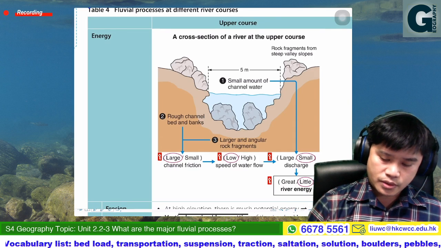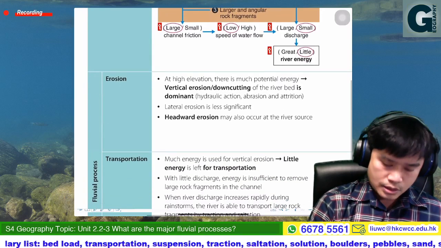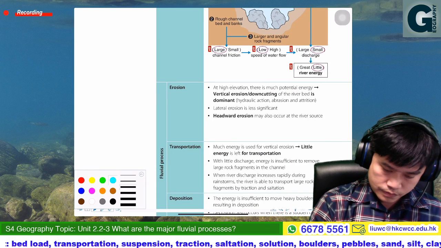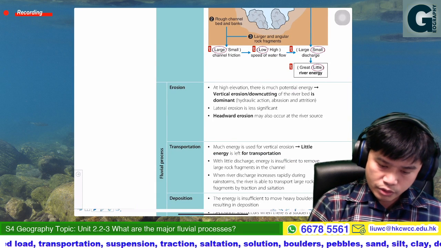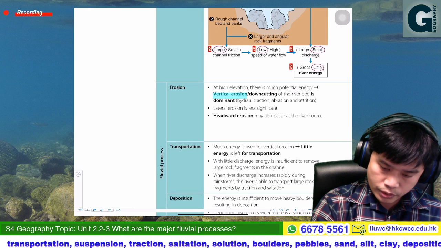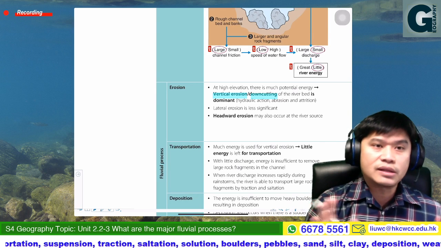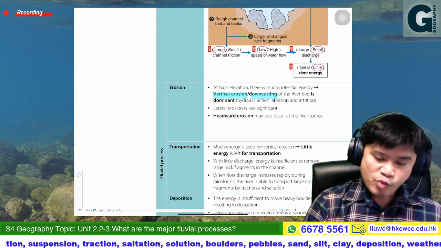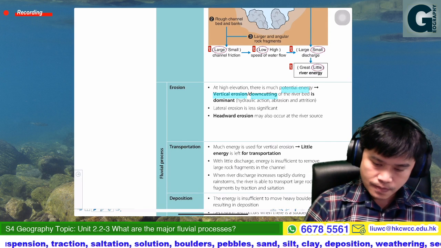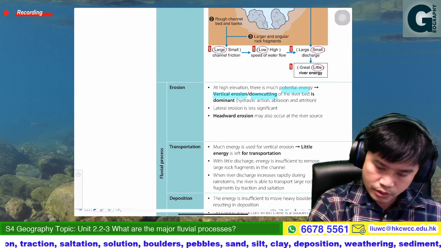It is very important. Therefore, what type of fluvial process may occur in the upper course? For erosion, mainly there would be vertical erosion, or we would call it down cutting. So erosion may occur in the upper course, but what type of erosion? Please mark it: vertical erosion, as there's much potential energy. So vertical erosion may occur in the riverbed.